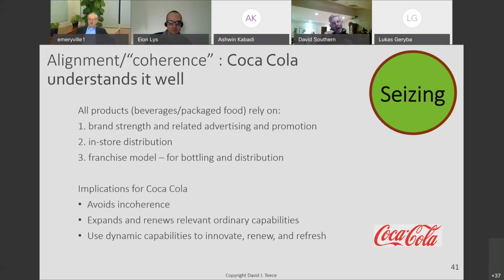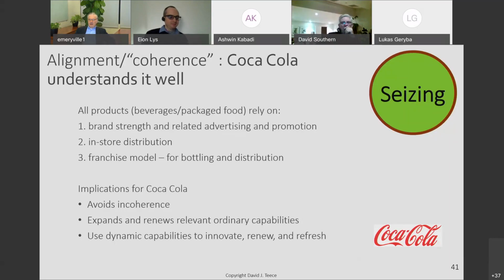And it's built around a franchising model, not just for distribution, but for bottling. Those Coca-Cola plants that you see all around the world, they're not owned by Coca-Cola. They just have a license from Coca-Cola. And so they've been able to run a global empire of great dimensions by using a franchising model.